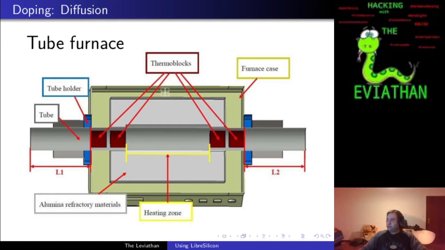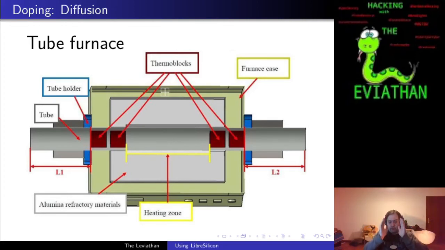schematic, where you have a tube, typically made from quartz glass, highly temperature resistant, in a box. Inside the box you have heating elements which heat the quartz tube up from the center towards outside, which causes thermal zones.